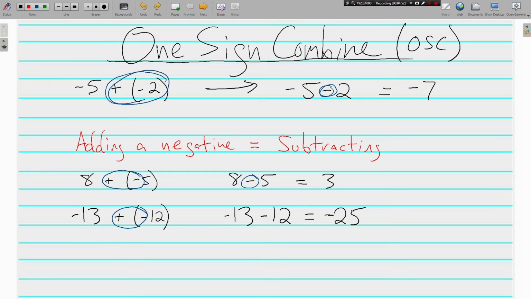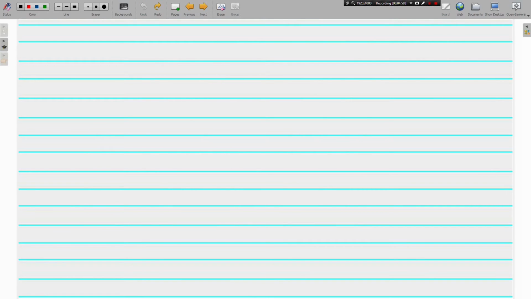Alright, let's look at some more. That's when we were adding negatives. Now let's look at what happens when we subtract negatives. Let's start with negative 12 minus negative 9. Again, I'm writing this using parentheses so my signs aren't running into each other.